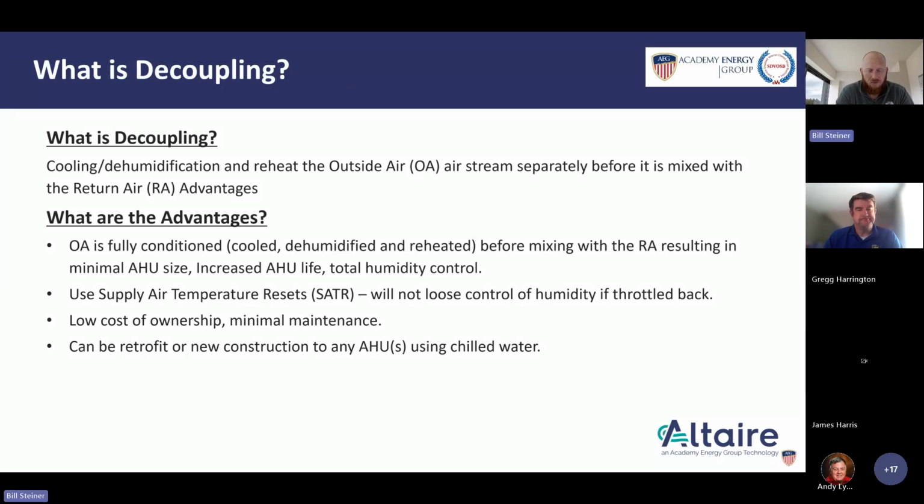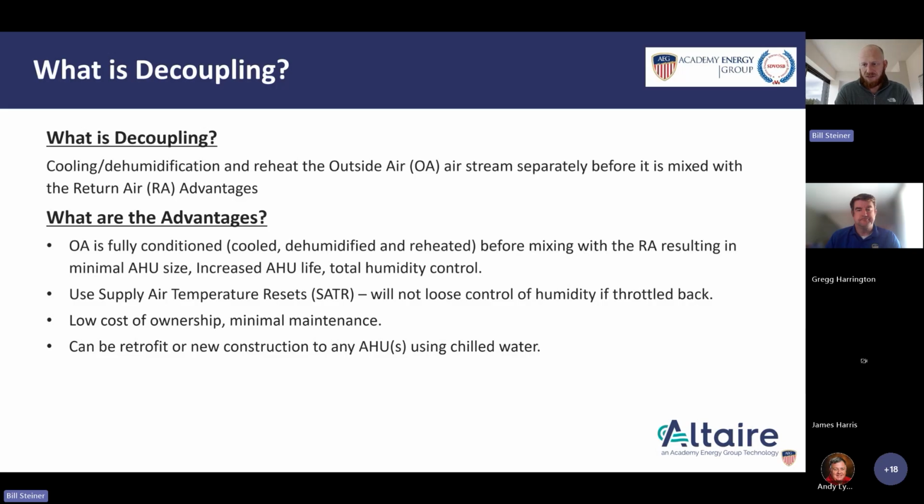So what is decoupling? Simply put, decoupling is when we have a mixed air unit, we have outside air, we have return air. We know that we need to treat that outside air, right? Unless we're in an economizer mode, we can't bring that outside air in and just directly put it into the space. Decoupling is treating that outside air before we mix it with the return air.